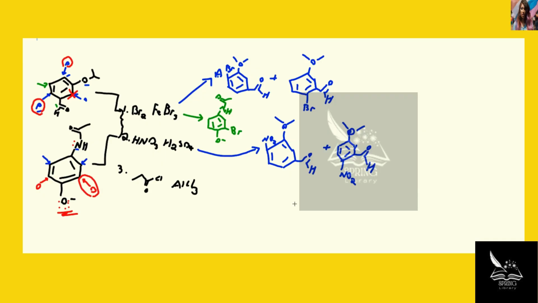And then for B, because we only have that one position that can undergo substitution, I'm drawing A again, let me draw B. We know that the nitro group is going to add to this carbon here.